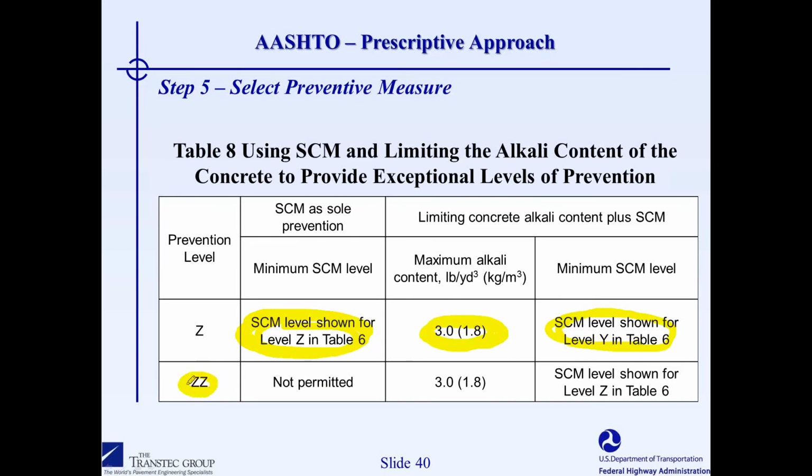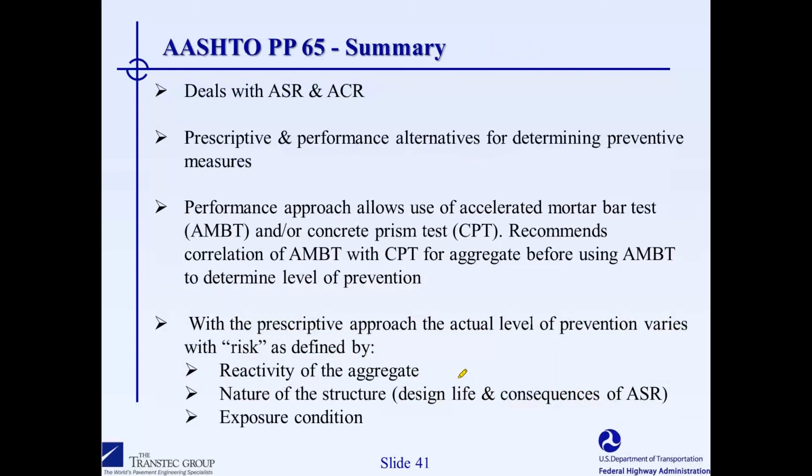If you're in level double Z, here you've got no choice, you have to use both. So if you're in double Z, you have to use the SCM in level Z and control the alkali content of the concrete. Now that might seem very extreme to you, but let's face it, if you're in double Z, you're essentially using the most reactive aggregate available and you're building a critical structure. So that's why we find ourselves in that position.